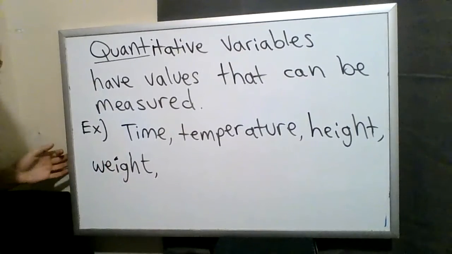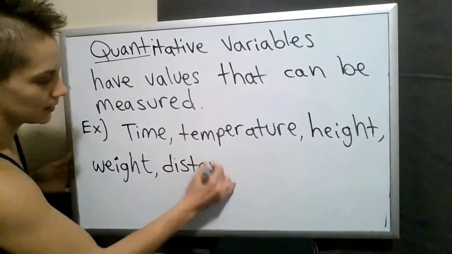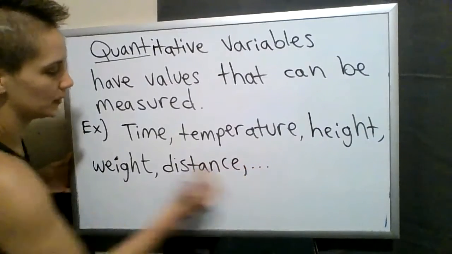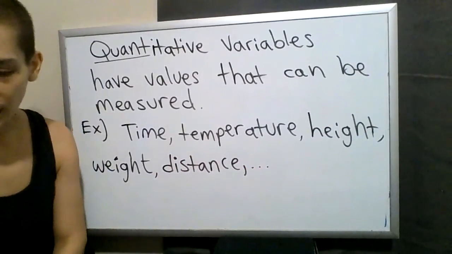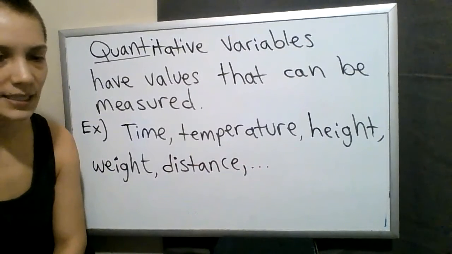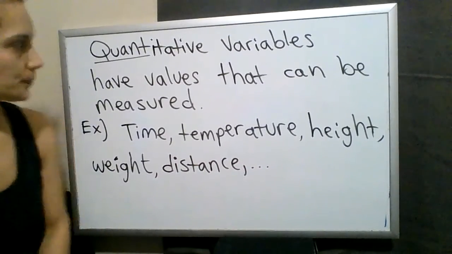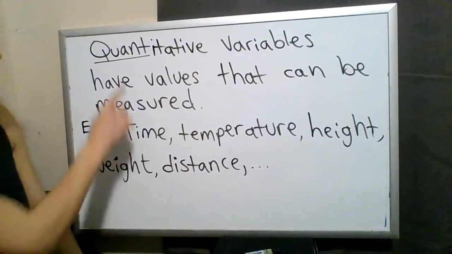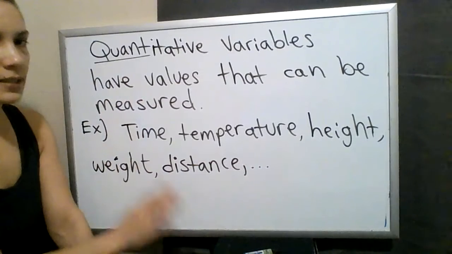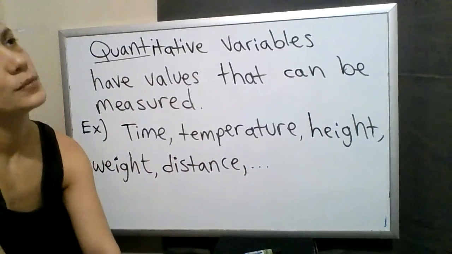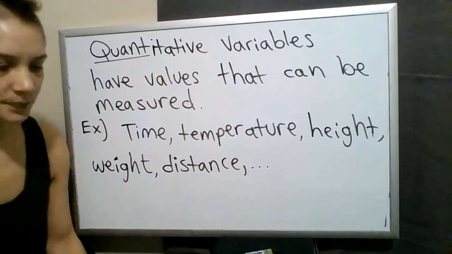Let's do one more, like distance, and then just put dot, dot, dot. Cool. Okay. Next I want to talk about how there's two kinds of quantitative variables, discrete and continuous. Before we do the definitions, we're going to draw a picture.